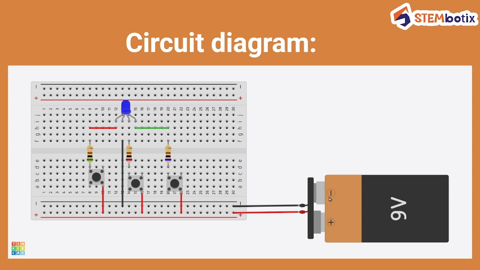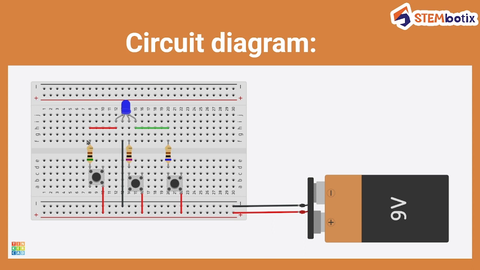Negative of the battery goes to the negative rail and positive of the battery goes to the positive rail of the breadboard. Now the common cathode is connected to the negative rail, and these are R, G and B. These three terminals would be connected to the positive rail of the breadboard via a resistor and a push button.